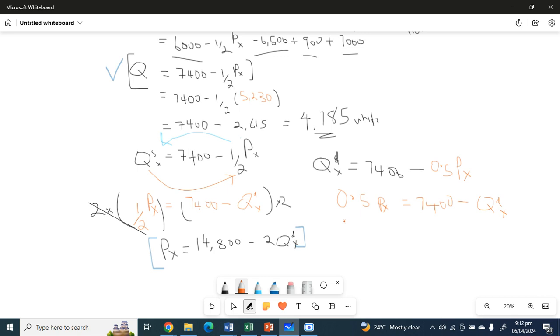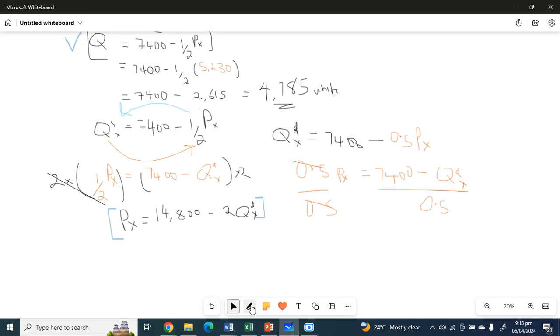Then to get PX, you divide both sides by 0.5. So you can also say PX equals 7,400 minus QDX over 0.5.